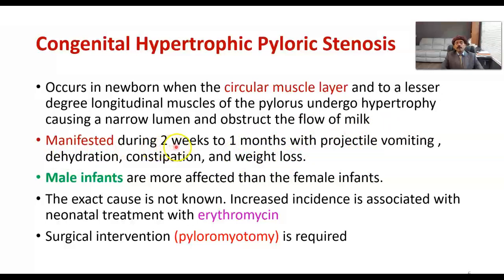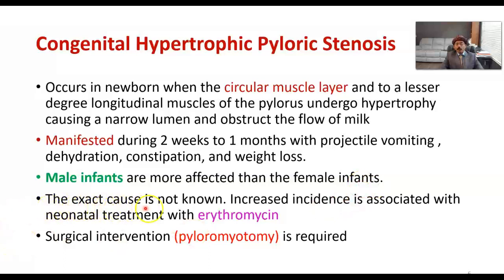It manifests during 2 weeks to 1 month with projectile vomiting, dehydration, constipation, and weight loss of the newborn. There may be some electrolyte imbalance and disturbance of the metabolic status of the body. Male infants are more affected, 1 in 350, than female infants, 1 in 750.